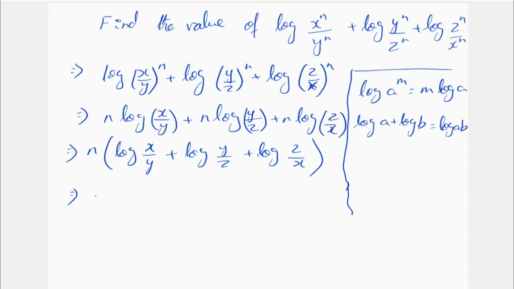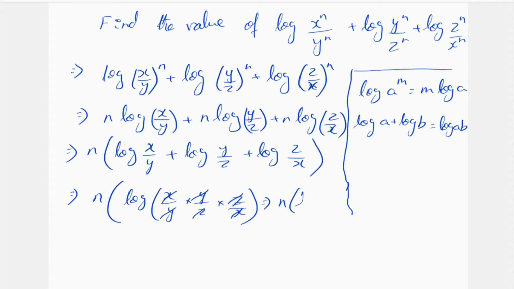So going by this logic, n common outside, log of x by y multiplied by y by z multiplied by z by x. I can cancel z and z, y and y, x and x. This gives me n multiplied by log of 1.